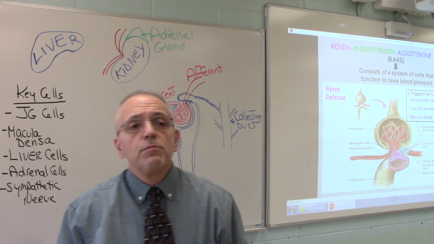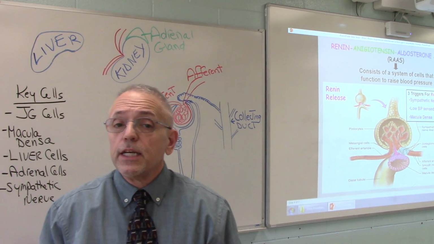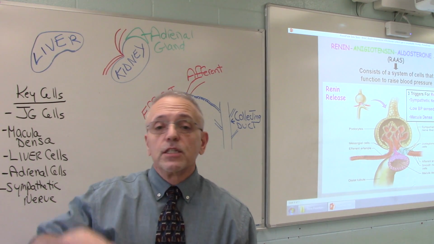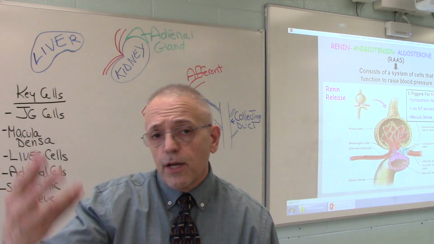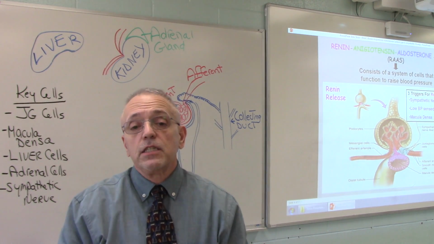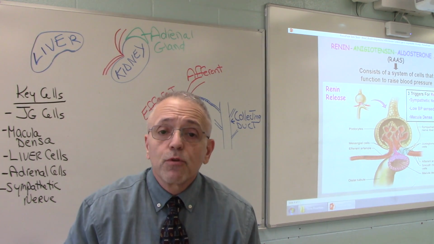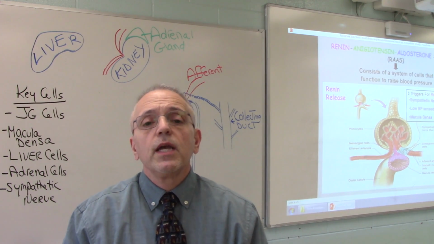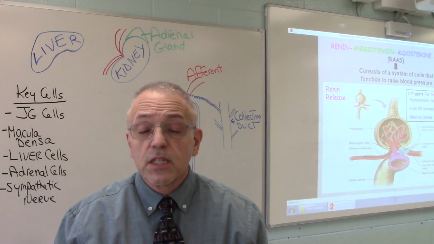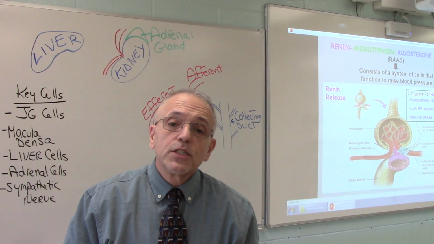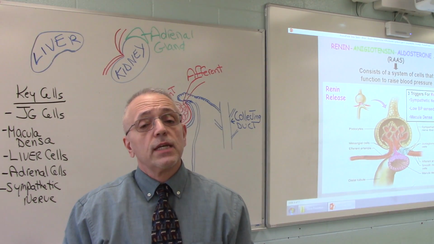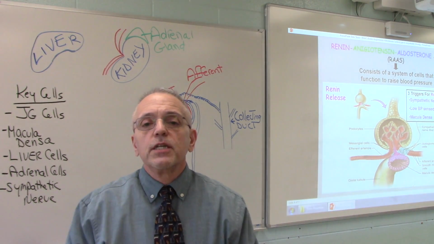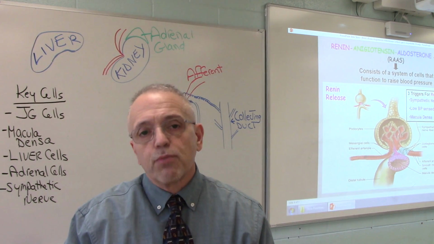And by flow, I simply mean how much blood is being ejected out of the heart. Each time the left ventricle contracts and ejects blood out of the heart through the aortic valve into the aorta, how much blood is actually leaving the heart, and how many times is the heart beating per minute. If we look at those two values, we can get an idea of blood flow, systemic blood flow. And then if we consider how much resistance that blood flow will encounter as it's moving through the vessels, we have this relationship. And this relationship is what we describe as blood pressure.